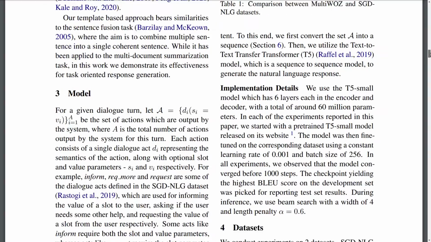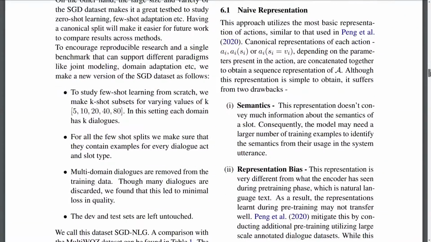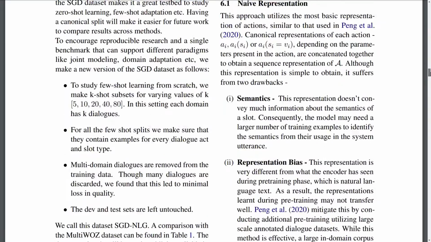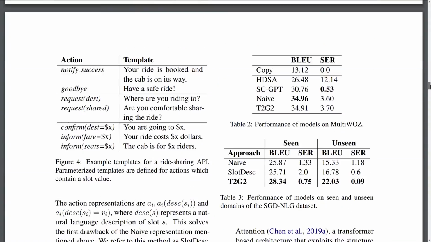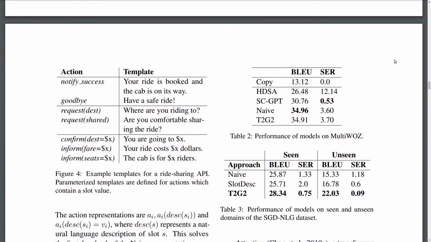And they test their model, and they also compare a few previous baselines on this dataset. So let's look at some results. First, comparing their approach, which is actually their final best approach, called T2G2. We compare that one to 2 baselines here on this multi-WOZ dataset.